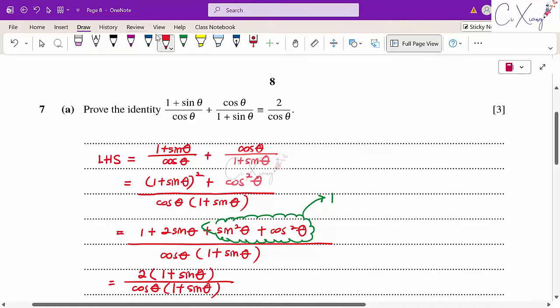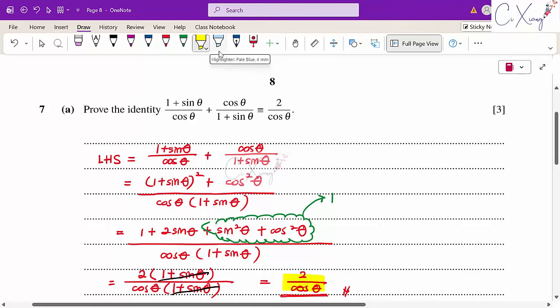I hope you see clearly that the two brackets can be simplified. Eventually you get the term on the right-hand side, 2 over cos theta. And this is how we prove it.